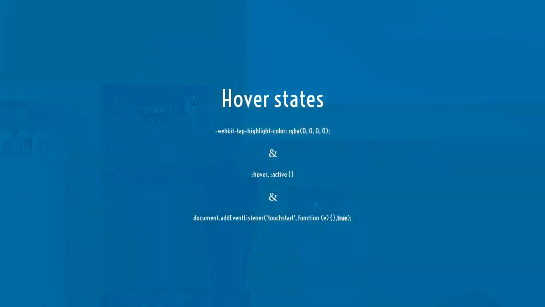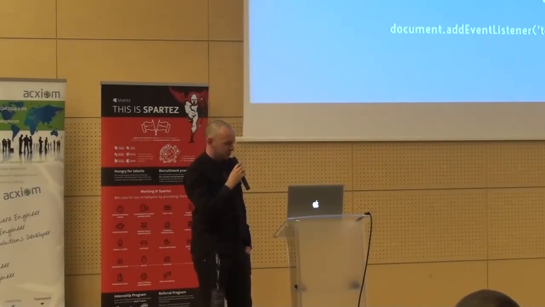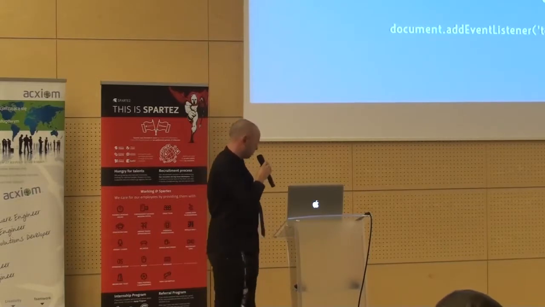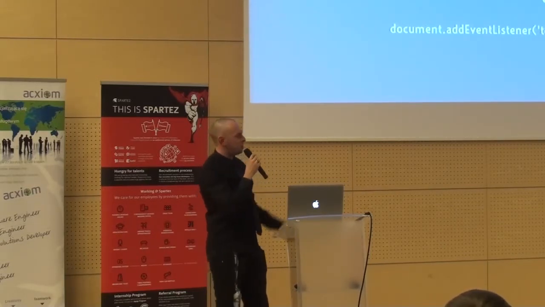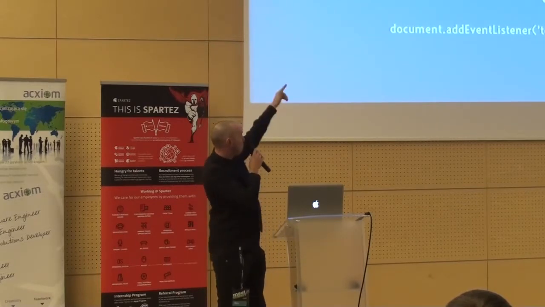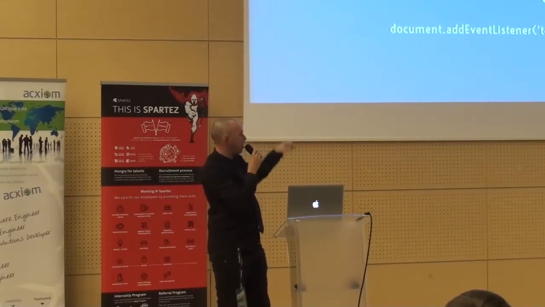Hover states. So the iPad has nasty hover effects, and they are slow, they are clunky. When you have a hover effect on some DOM item, it just doesn't look good. So if you want to mimic the mouse hover effect, you will have to disable the tap highlight color, so you don't have the gray border around.